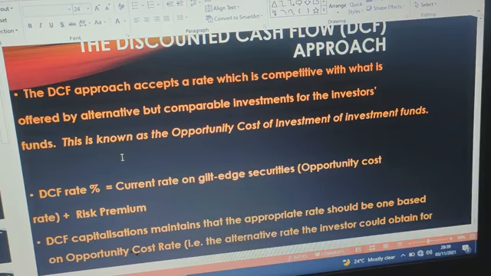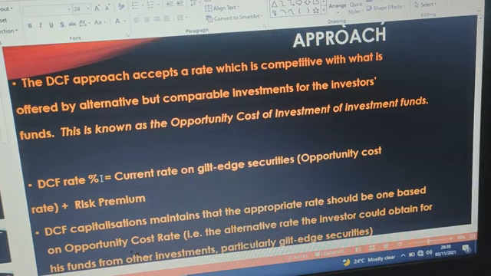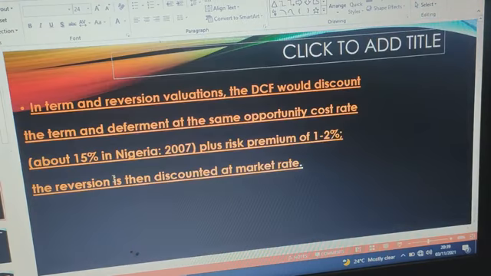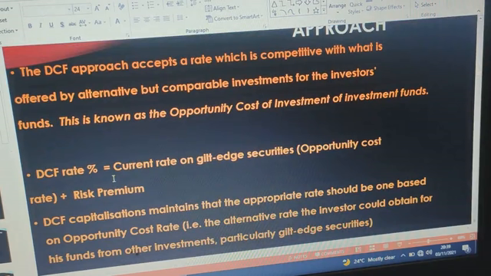It is the basis of a risk-less rate of discount. Therefore, any investment with poorer liquidity factor, or higher risk to income or capital, will require a risk premium to be added to the risk-less rate. DCF rate % equals current rate on gilt-edged securities, opportunity cost rate, plus risk premium.